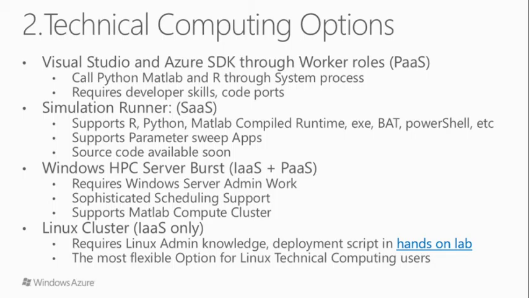It could be a web role as your front end, and worker roles sitting in the back end. Inside the worker roles, they can call Python, Matlab, or R through a system process. Essentially, you're doing P/Invoke to run these executables. This is very easy to do, and most developers have no trouble.